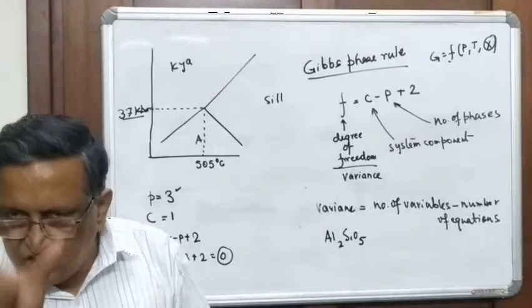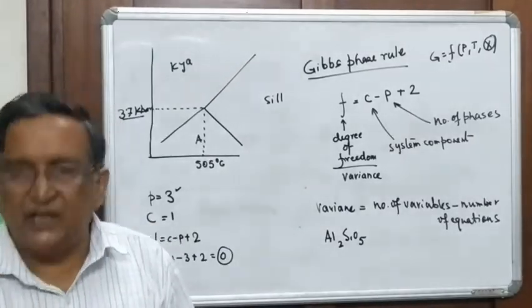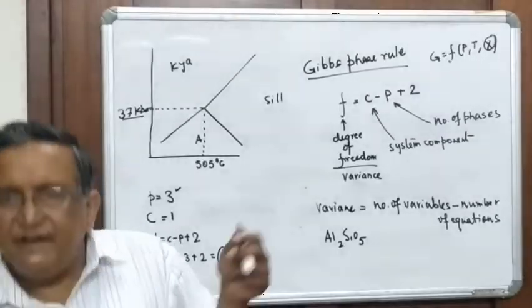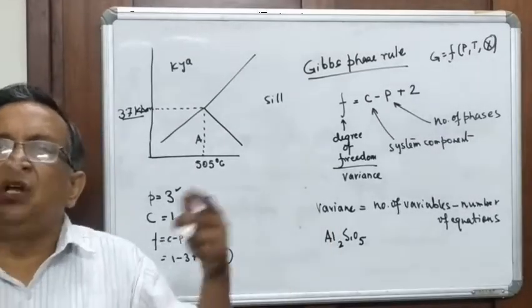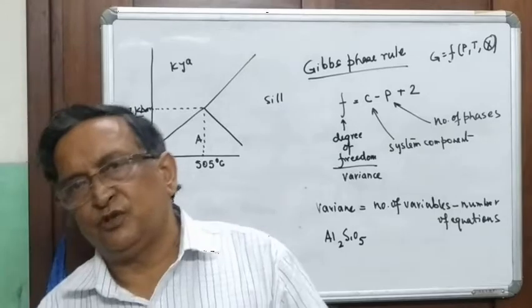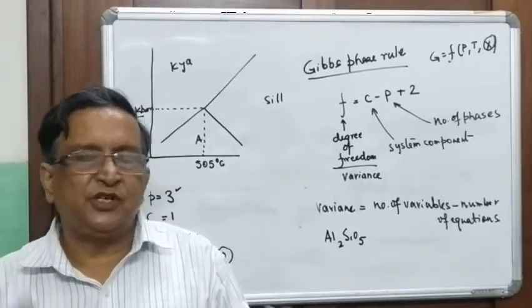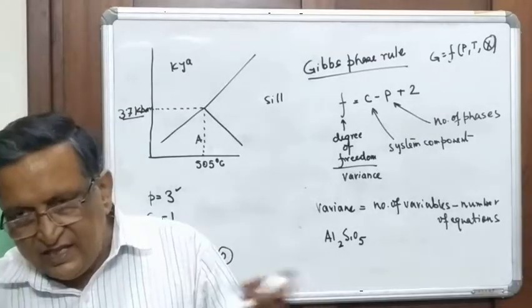So delta G, the free energy change of the reaction, is equal to 0. Then you have an equation which is essentially a function of pressure and temperature. Have you understood? There is pressure and temperature. These are the two functions.